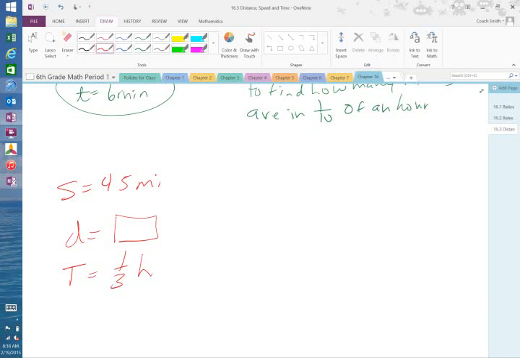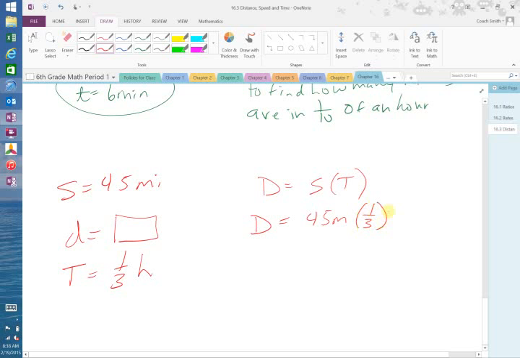So distance is equal to speed times time. Distance we don't know. Speed is 45 miles, and time is 1/3 of an hour. So all we have to do is multiply 1/3 times 45.